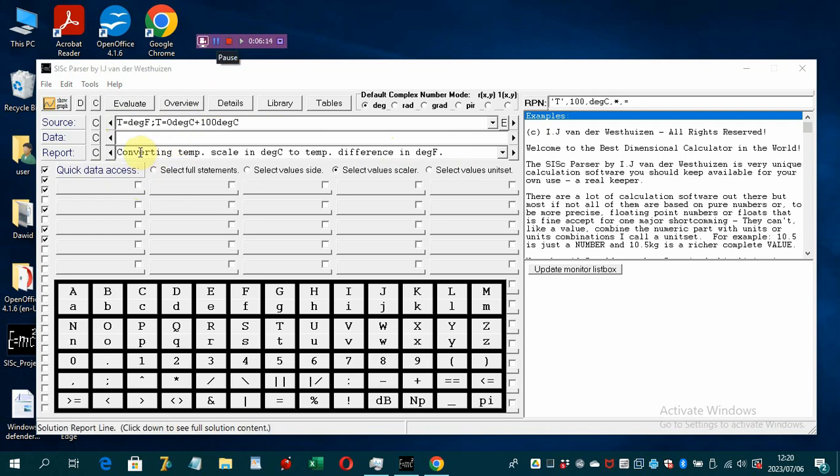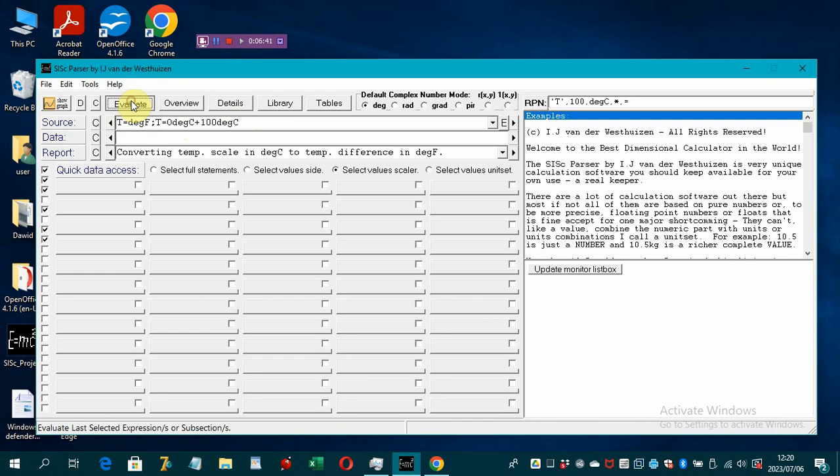In this case, we convert temperature scale in degrees Celsius to temperature difference in degrees Fahrenheit. Okay, T equals degrees Fahrenheit, T equals 0 degrees C plus 100 degrees Celsius, and that is your scale value for 100 degrees Celsius as temperature. That is relative, and we convert.